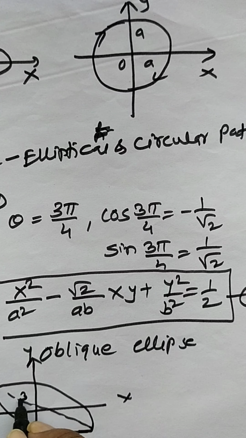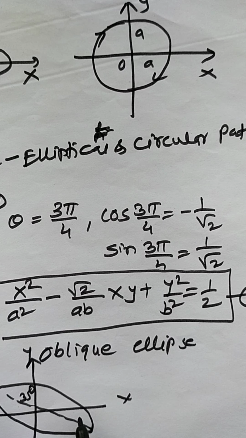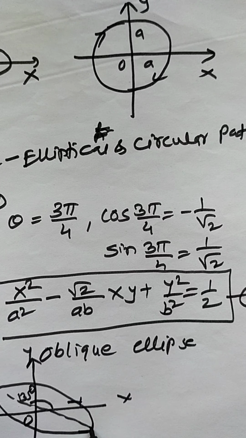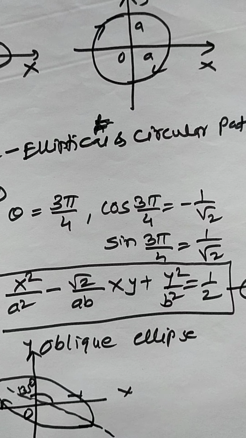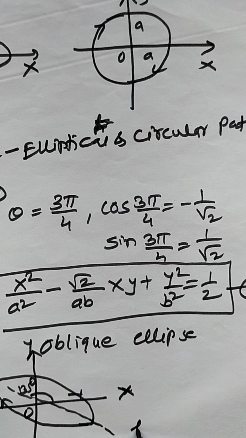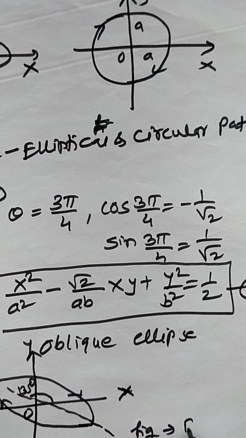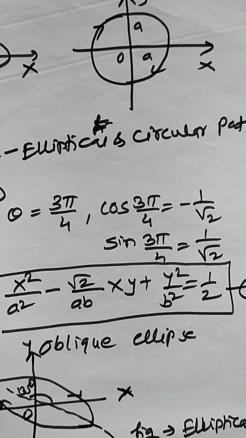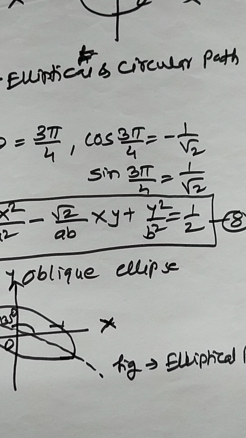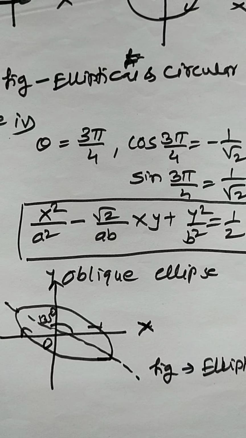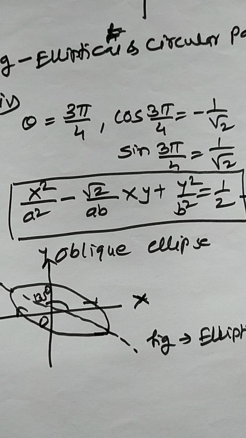So here 135 degree, this is the 0, so here this figure represents the elliptical path. So this is the case 4.